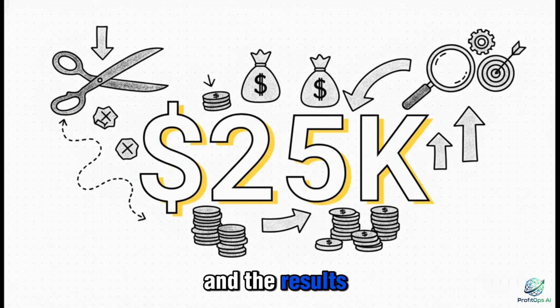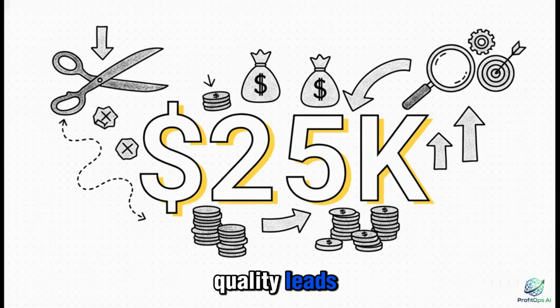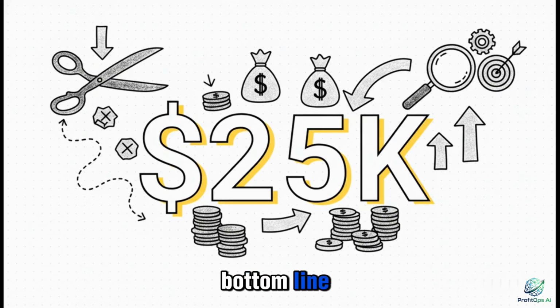And the result? Bam! By cutting out all that waste and focusing on what actually worked, they saved $25,000 a year in advertising costs. And get this, because they were focusing on higher quality leads, their revenue actually stayed stable. This was pure profit, added directly back to their bottom line.